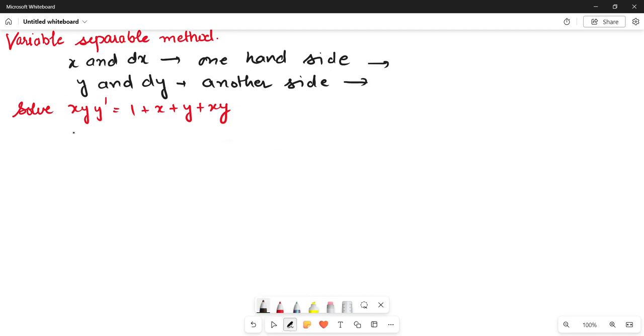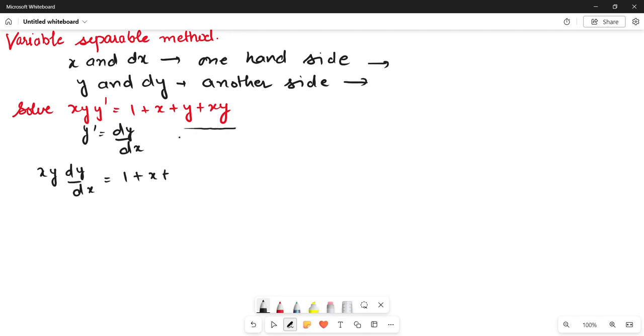Firstly, as we know, y dash is dy by dx. So we can write it as xy dy by dx equals 1 plus x plus y plus xy.